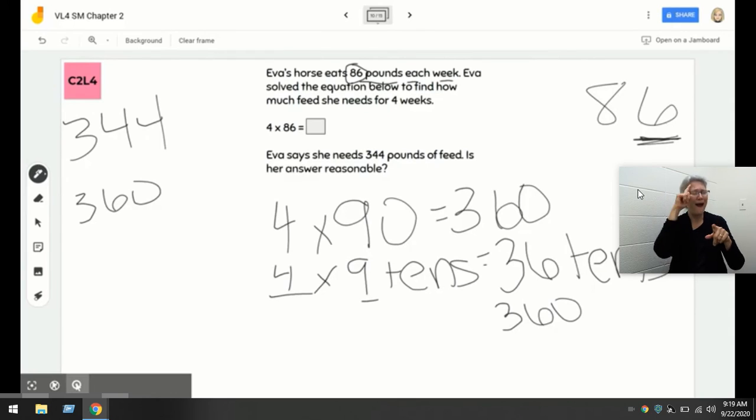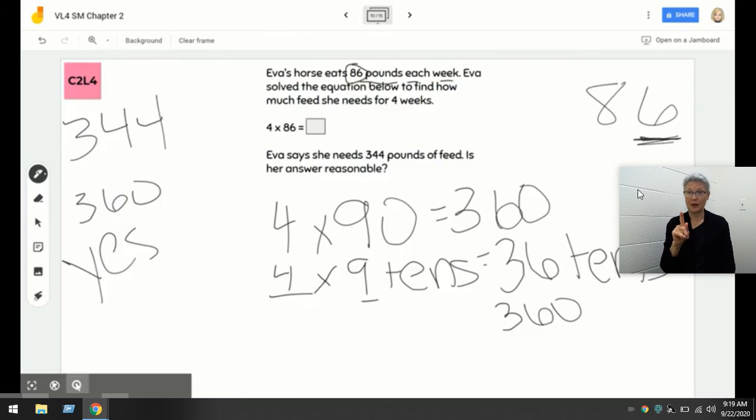I agree. Those numbers are very close to one another. So that tells us that Eva's answer of 344 pounds is, yes, reasonable. Yes, and it's because she is very close to 360 pounds.